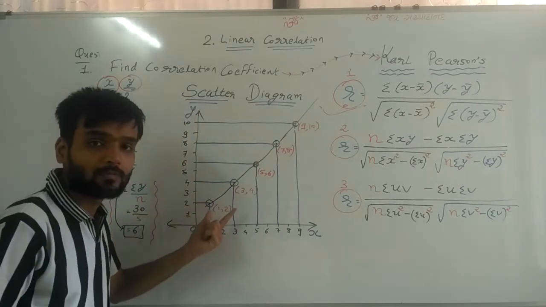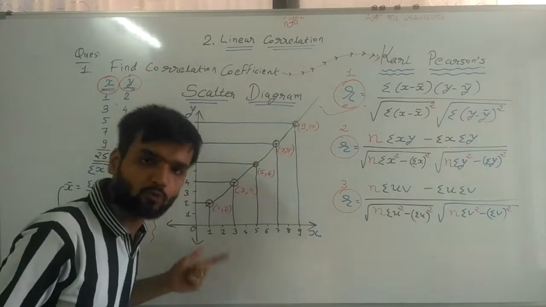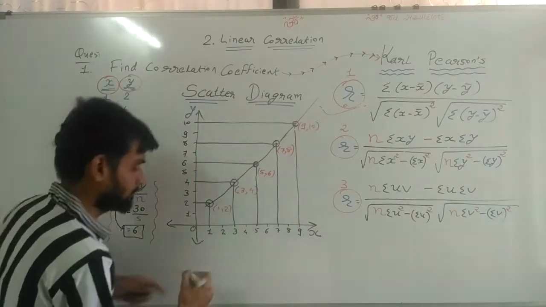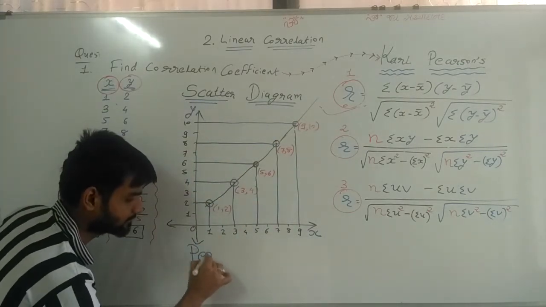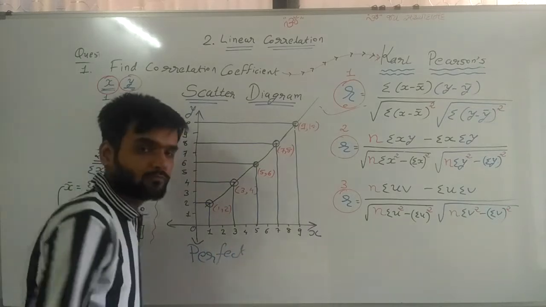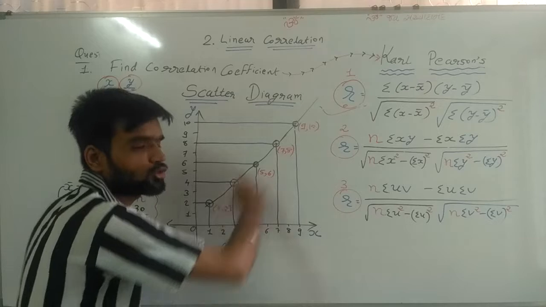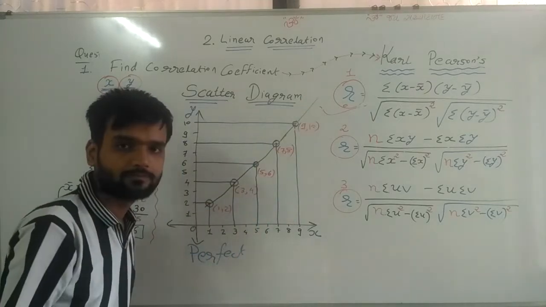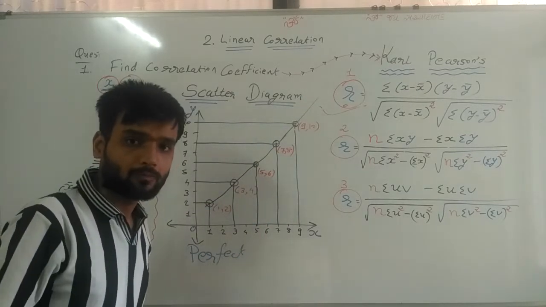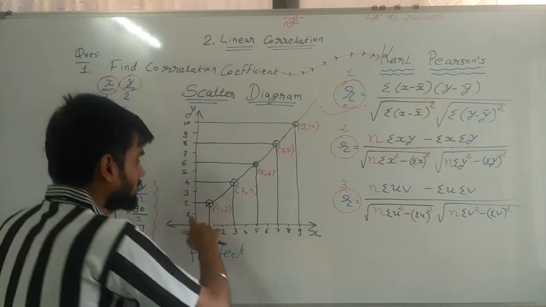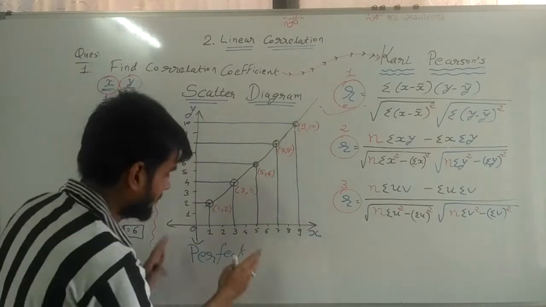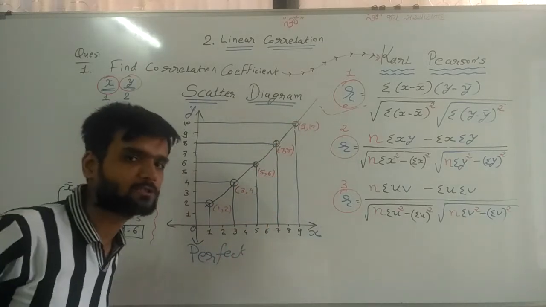If all the points are covered on one line, then it shows a perfect relation. Now here we can understand all the points are covered by one line, then it is perfect. That is the fixed one.